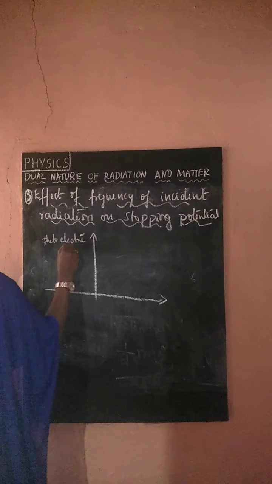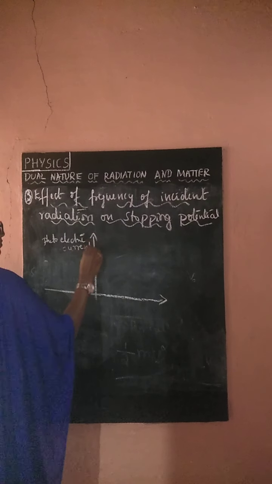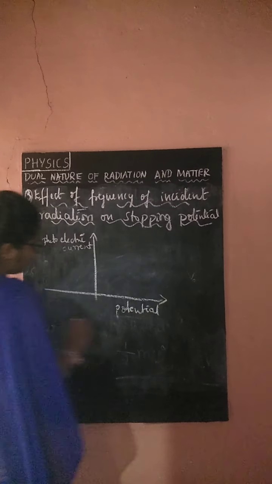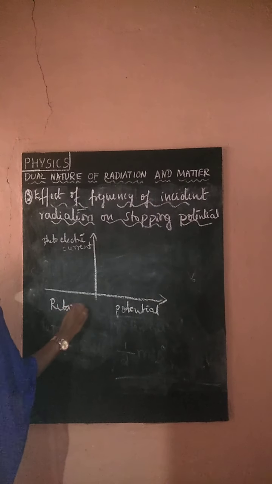Photoelectric current versus potential, this is the retarding potential.